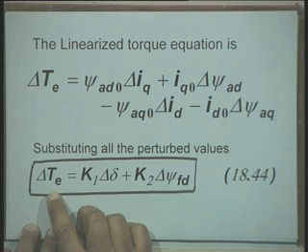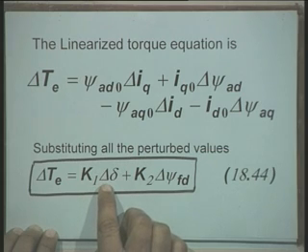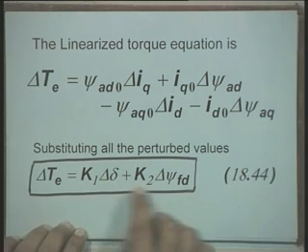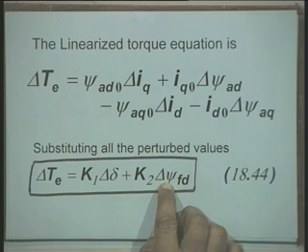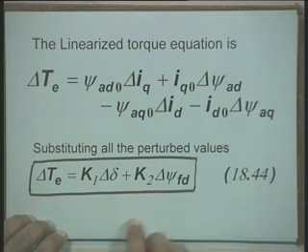That is what we find here, that the change in air gap torque depends upon the change in rotor angle, that is the power angle, and the change in field flux linkages, that is delta psi F D. Okay.